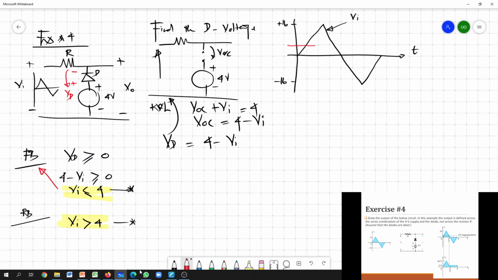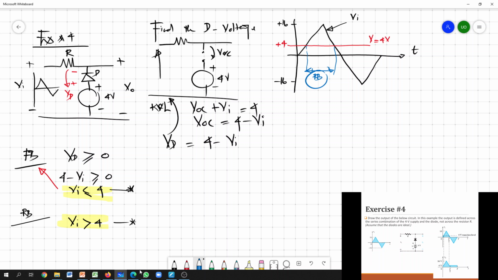So we'll mark this 4 volt here. So this is V equals 4 volt, this is plus 4. Then we can clearly identify the regions where this diode is forward and reverse bias. If your input is greater than 4, your diode is reverse. So during this one, your input is greater than 4, then the diode is reverse.